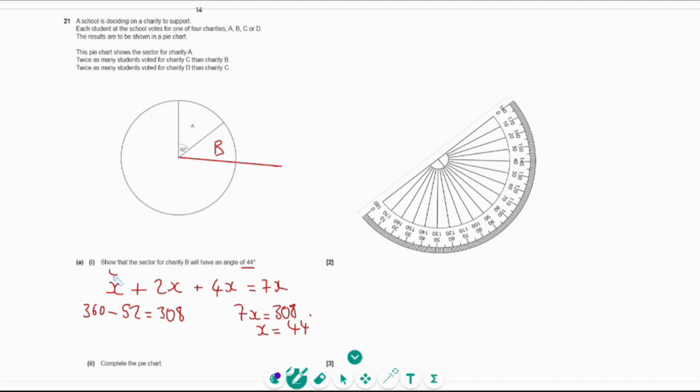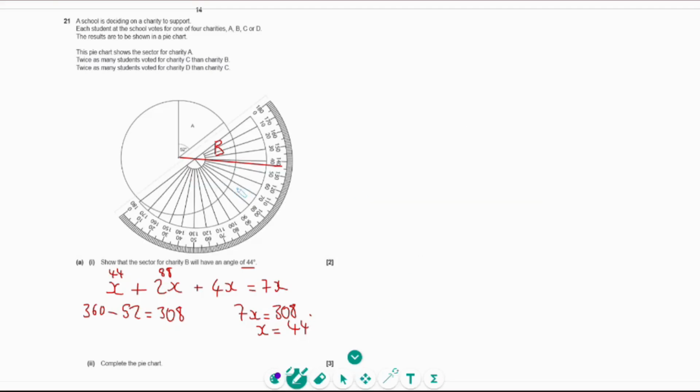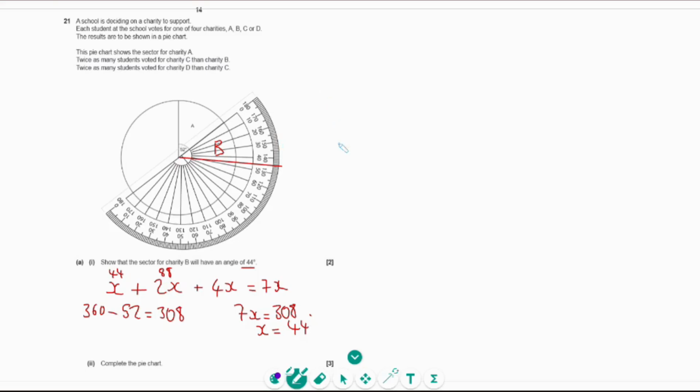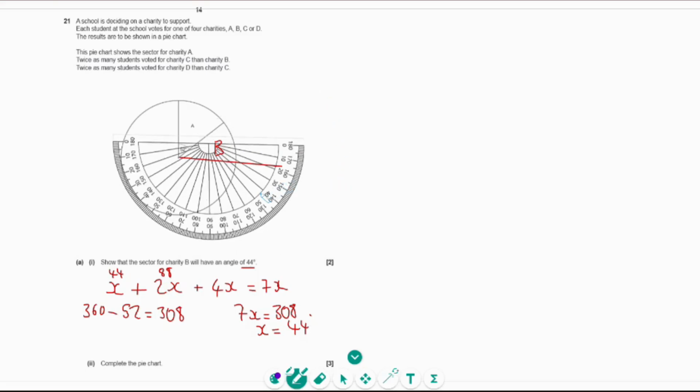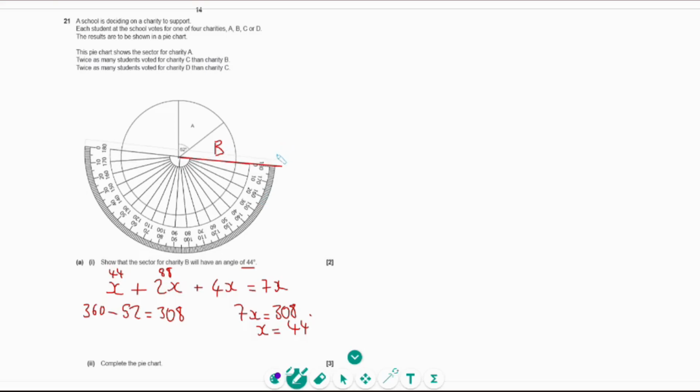So charity B is 44, double 44 to get 88 for charity C. Which is about here.